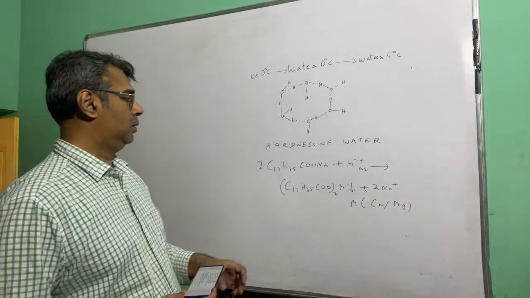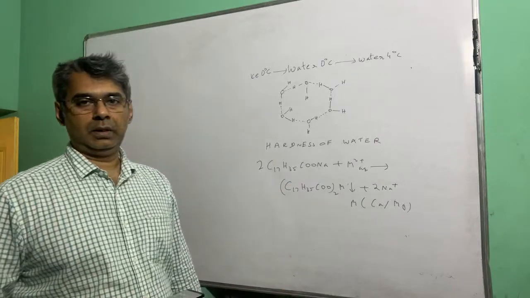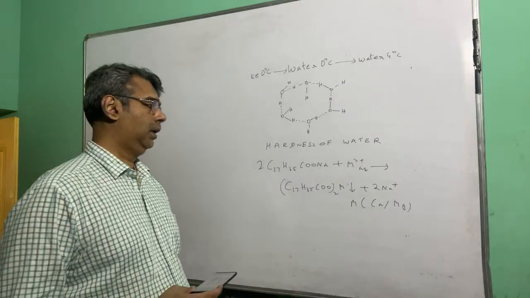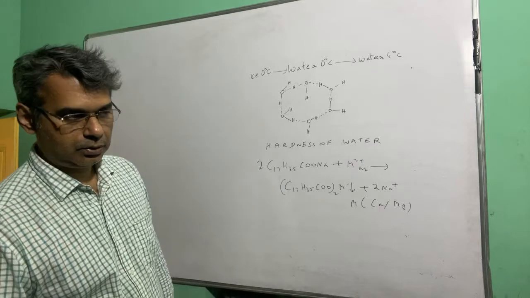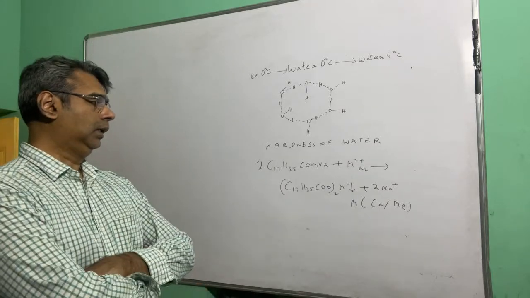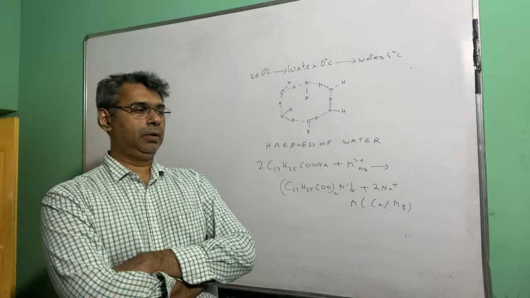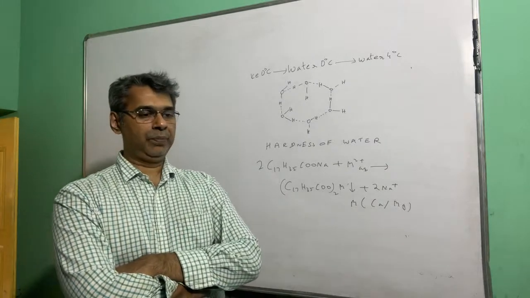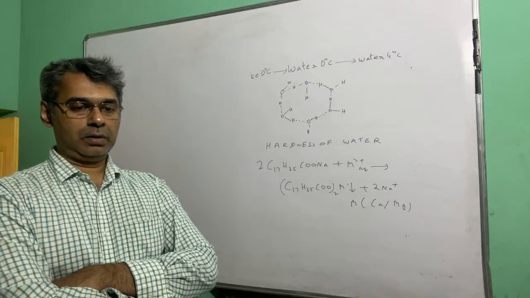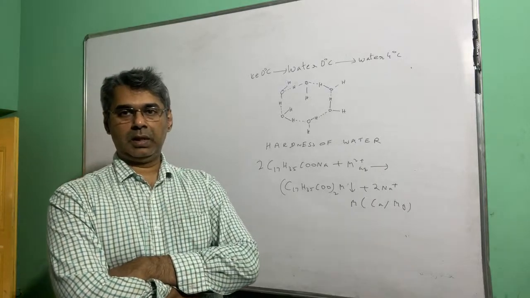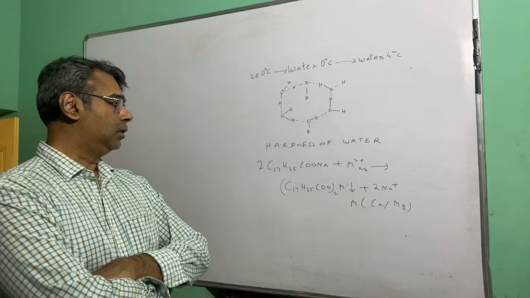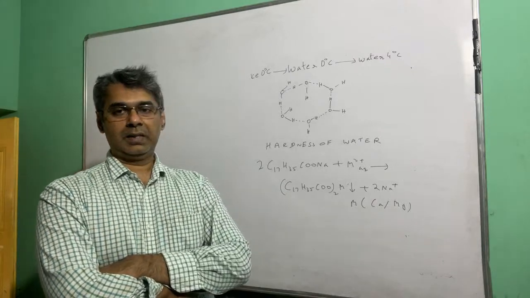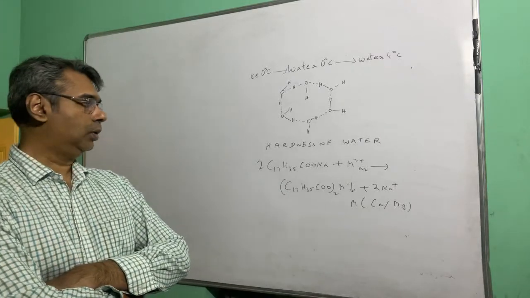Okay, suppose you are discussing hardness of water. Hardness of water is basically due to dissolved salts of calcium and magnesium. When you have these salts dissolved in water, that is what makes the water hard. So what exactly does hard water do?